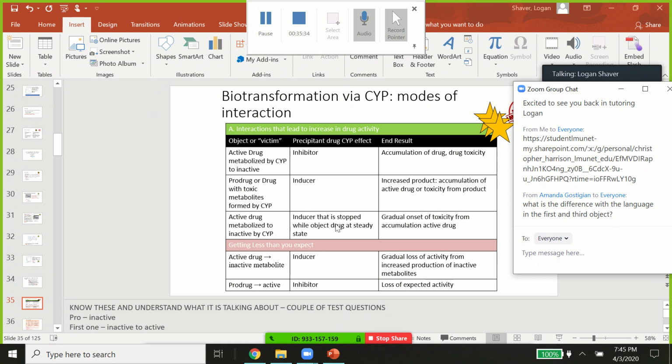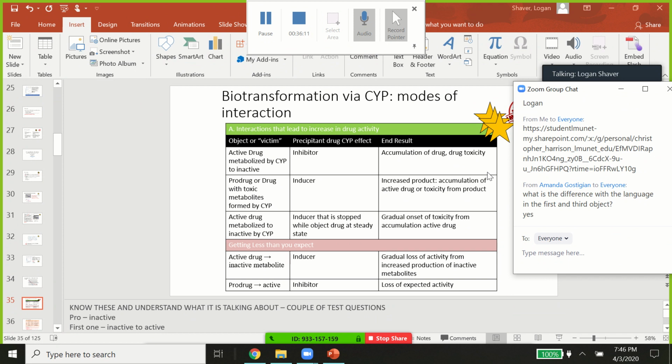You know how it says object drug up here. So the precipitant drug is typically an inducer, but it's actually stopped in this case. Since it overcomes the precipitant drug effect, it'll lead to a gradual onset of toxicity. Notice this is a gradual onset instead of an automatic accumulation. So I guess that's the difference between the first and the third. Does that make a little more sense?